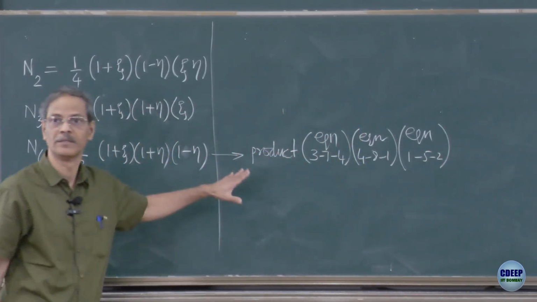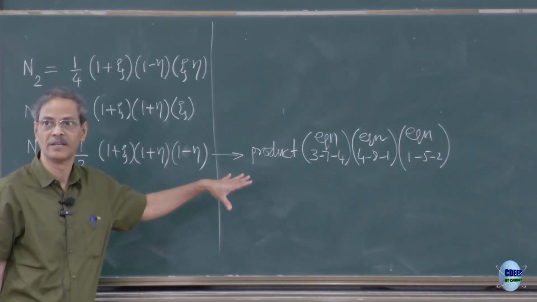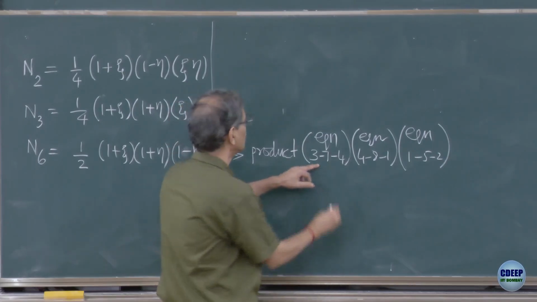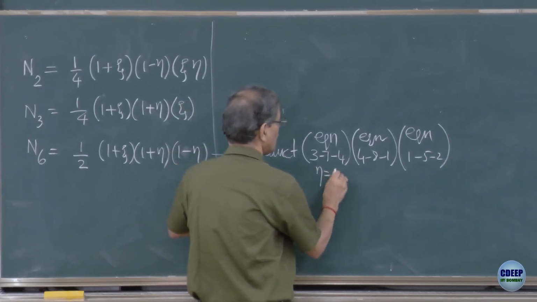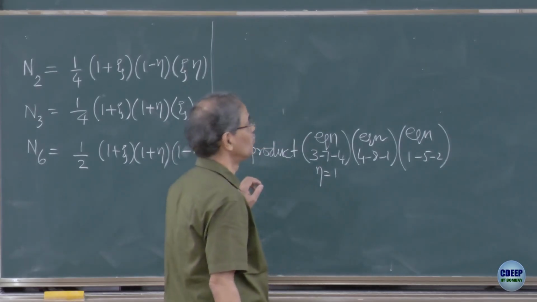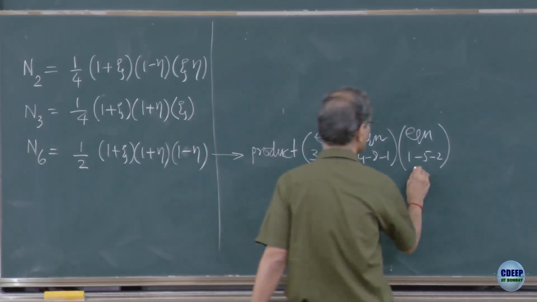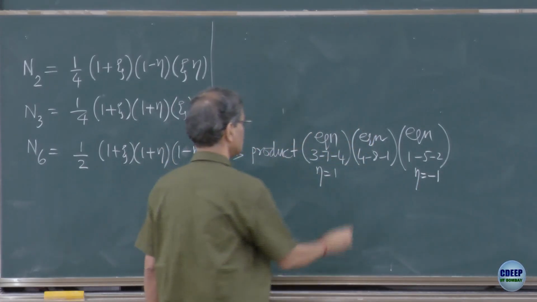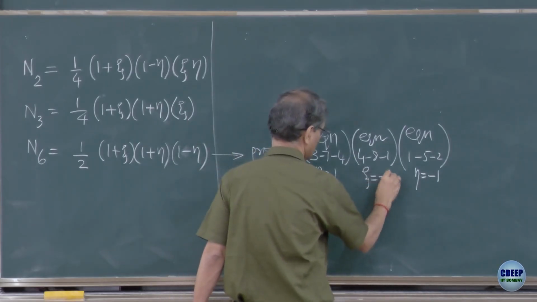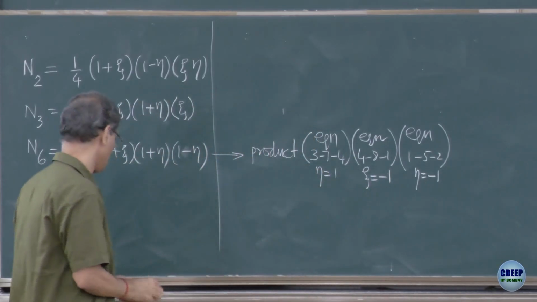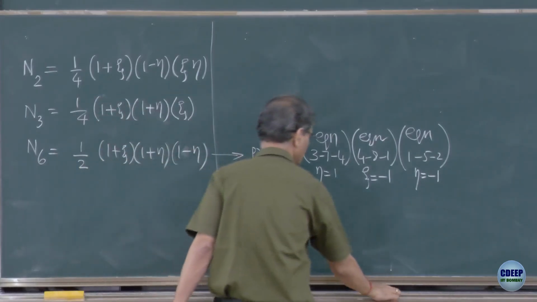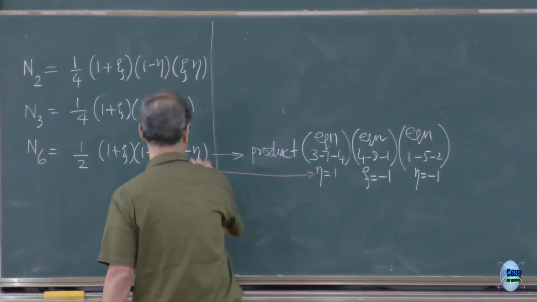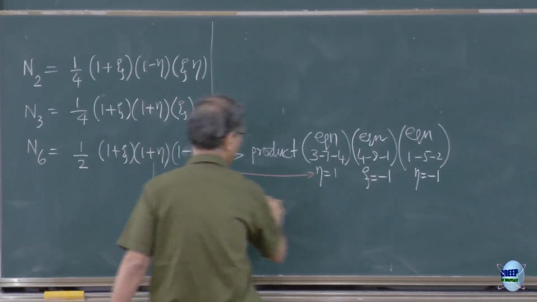Okay? Is that okay? So the product of the 3, 7, 4 equation is what? Eta equal to 1. 1, 5, 2 is eta equal to minus 1. 4, 8, 1 is okay. So now I take one plus zeta.